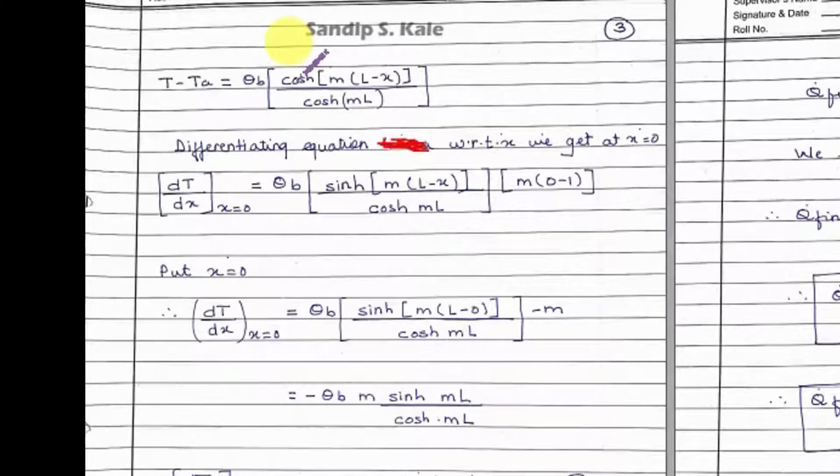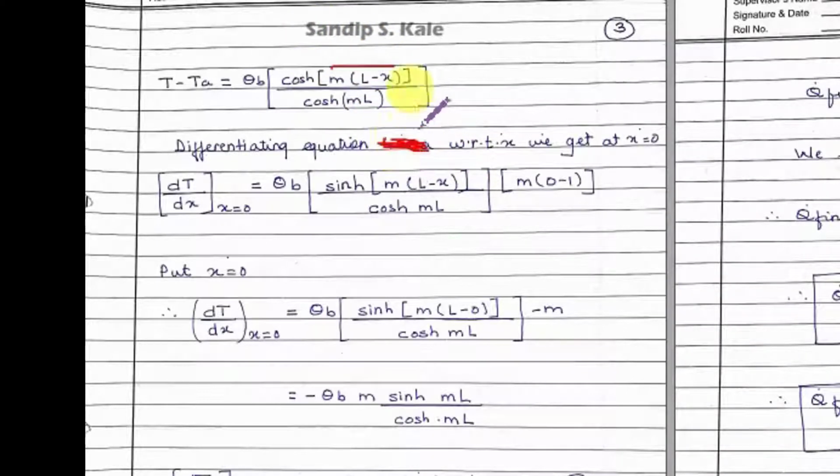So the derivative of cosh x is nothing but sinh x. So this whole term is nothing but your x, for example. So this is sinh in bracket m in bracket (L minus x).